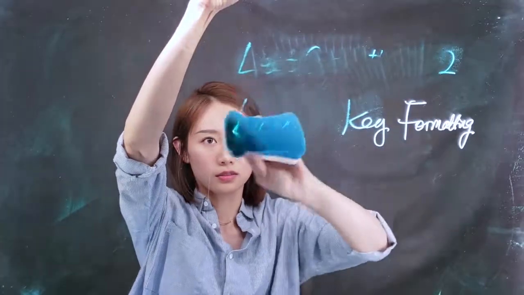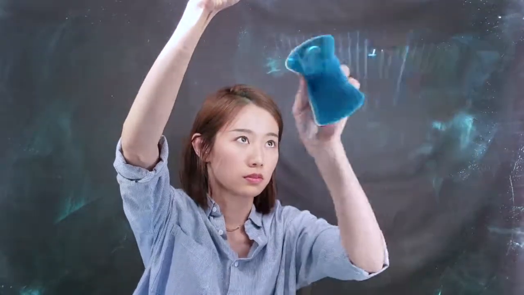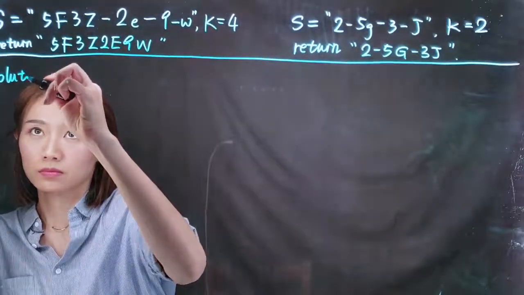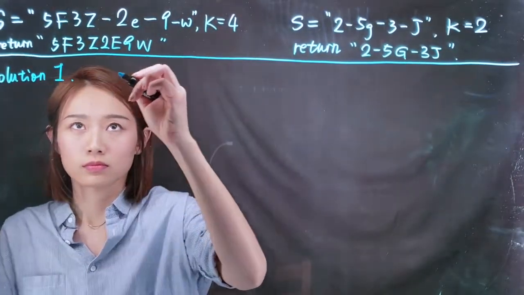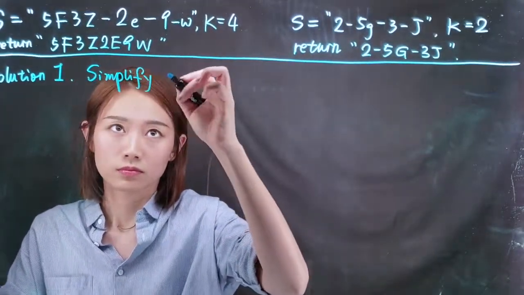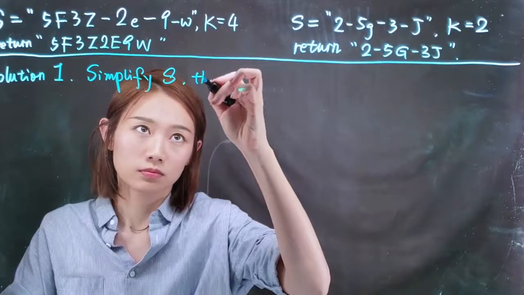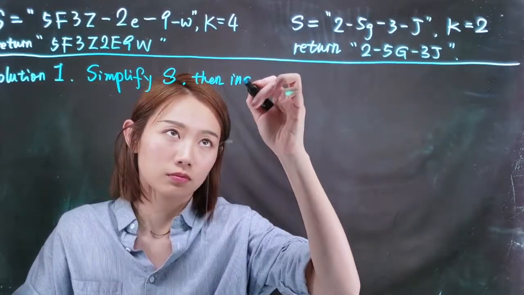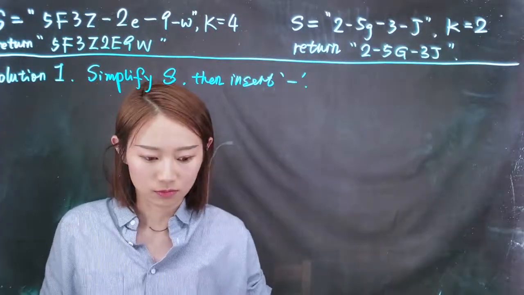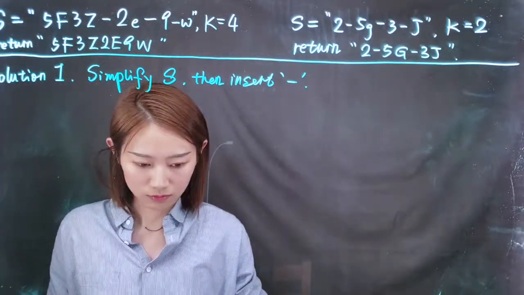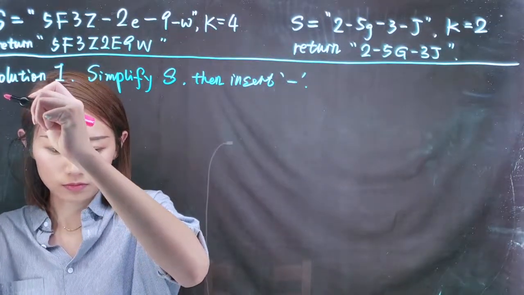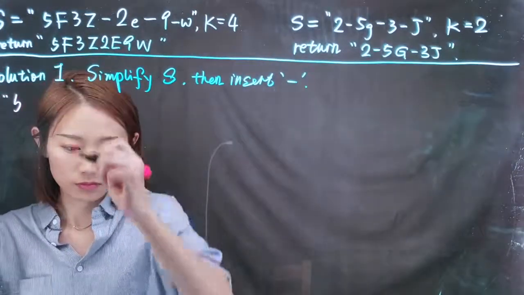Well, that's the problem. First, I want to discuss the most popular solution on the LeetCode discussion board. The basic idea is to simplify the string first and then insert dashes as we want. Because we don't care about the dashes in the original string and we want all the characters to be uppercase, we simply remove all the dashes and make the string all uppercase first.